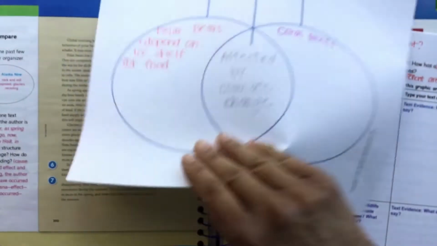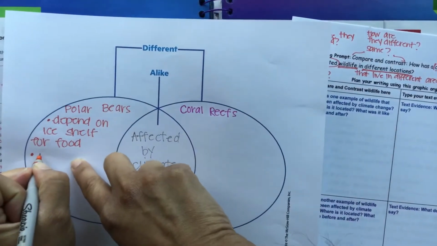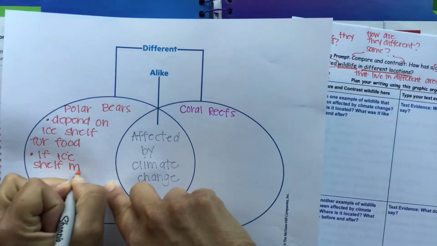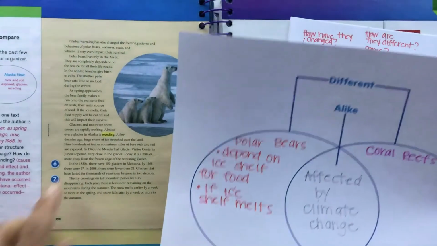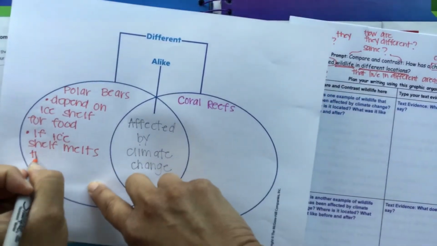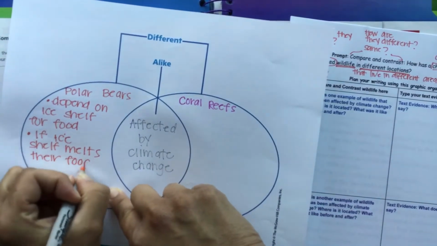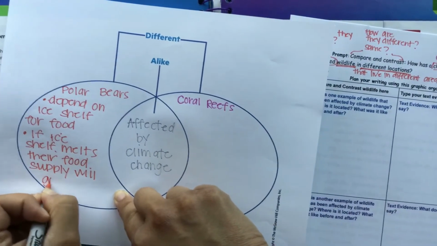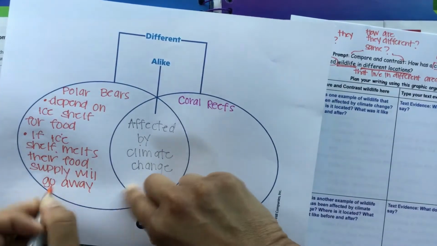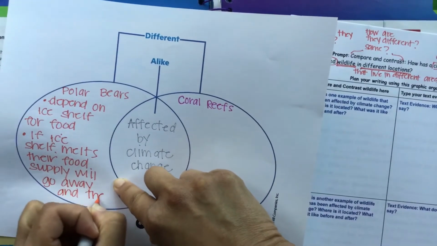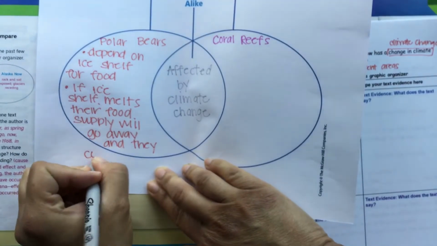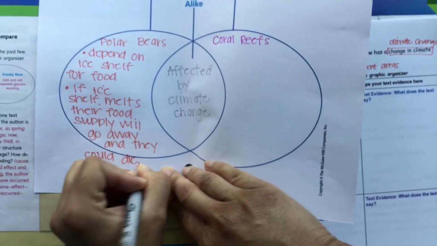Now, we also know that if ice shelf melts, their food supply will go away. And it will impact their survival. So what does that mean? If your survival is impacted, that means they could die, right?